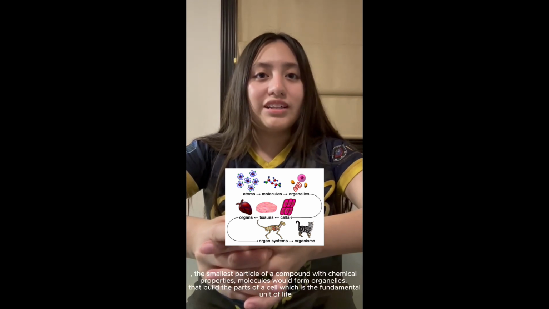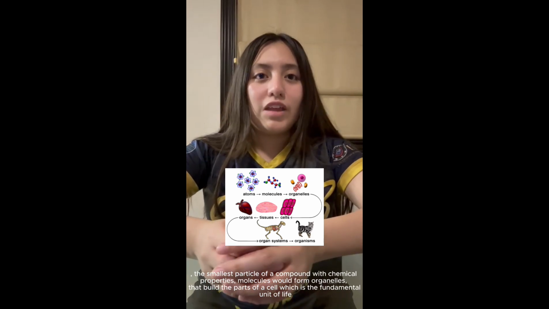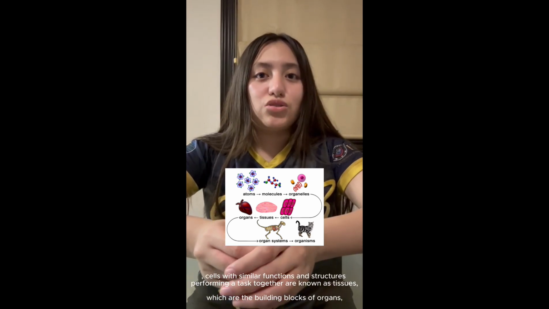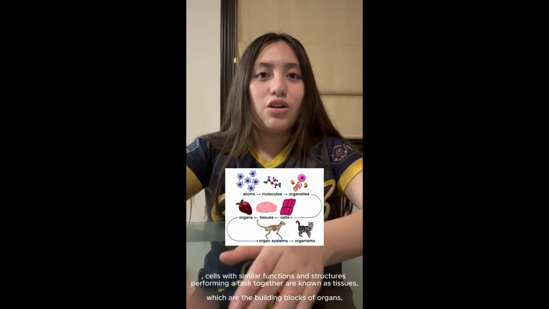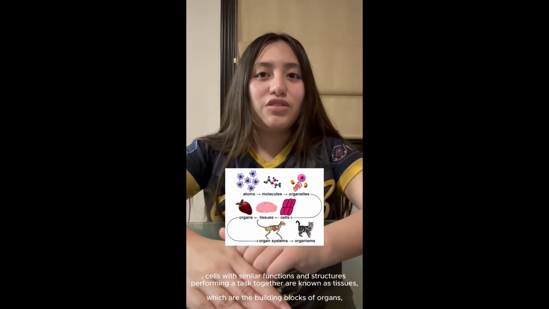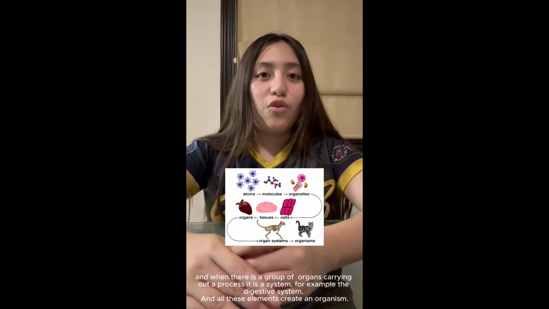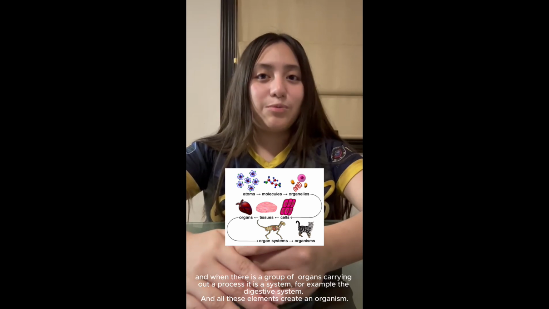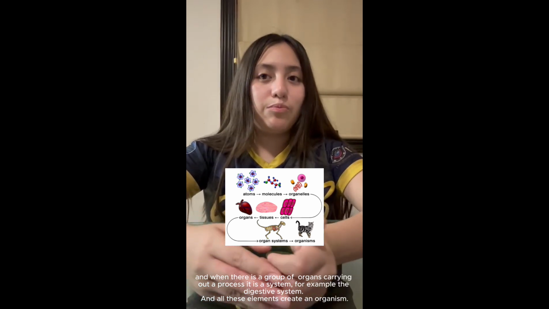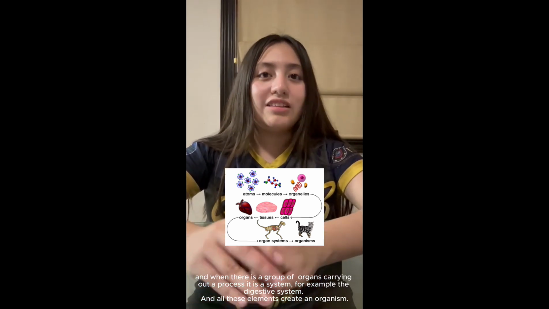Molecules form organelles that build the parts of a cell, which is the fundamental unit of life. Cells with similar functions and structures performing a task together are known as tissues, which are the building blocks of organs. And when there is a group of organs carrying out a process, it is a system. For example, the digestive system. And all these elements create an organism.